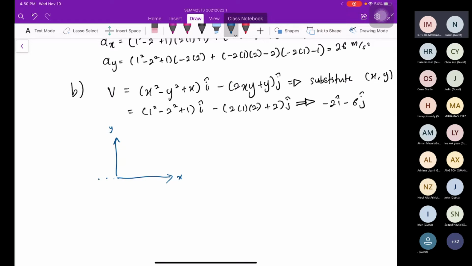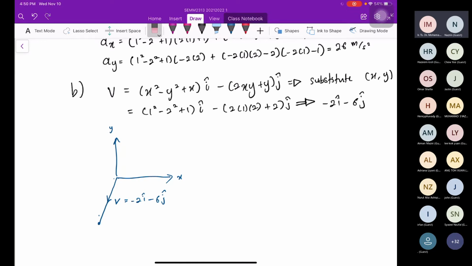And then negative 6 at the bottom. 1, 2, 3, 4, 5, 6. Okay, this is your vector, basically. Okay, this is your vector v. Negative 2i minus 6j.